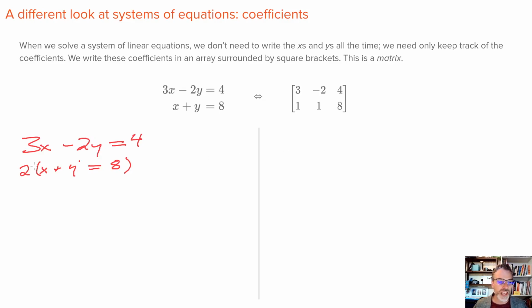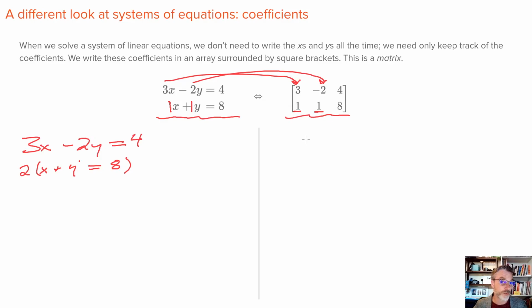You notice that multiplication only affects the coefficients. So rather than deal with the entire equations, I could just pick off the coefficients. I have 3x, so I'll take that 3 here, minus 2y, so I'll put that minus 2 here, and 4 over here. Here the coefficient is 1. Same with right here, this is coefficient 1. And I can write those right here. So what I've done is taken this system of equations and turned it into what's called a coefficient matrix.